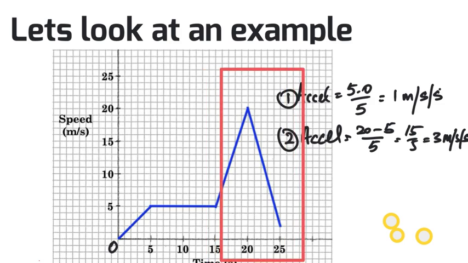Now the last one, we see we start off at 20 and end up at, looking down here, that would be 2. And the time it takes is 5 seconds. So if I go into that one, for number 3, acceleration is starting off at 20.